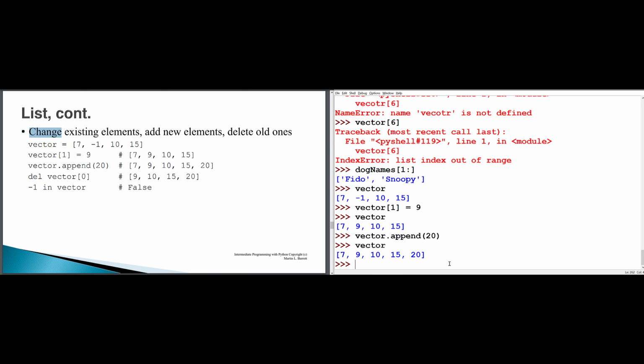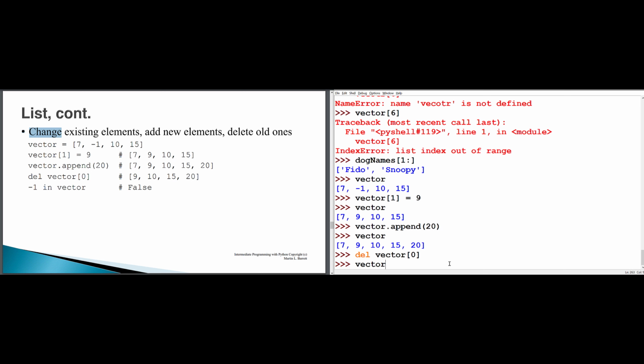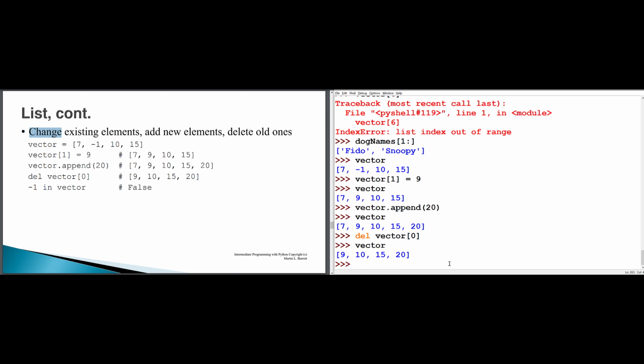You can also delete individual items out of the vector using the del command. So if I say del vector sub 0, that's going to shorten the vector to no longer contain what used to be its first item. Okay?